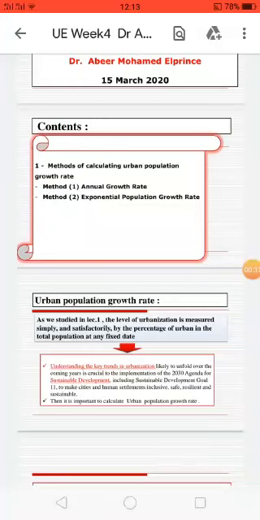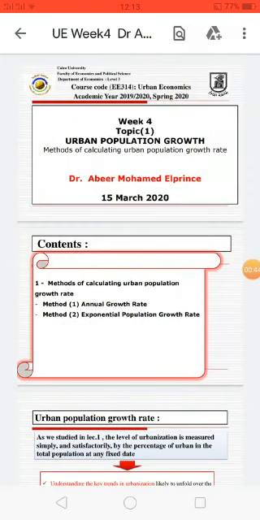Today we will complete our topic 1 of urban economics, which concentrates on urban population growth. We studied 3 lectures. First, we studied how to calculate the urbanization degree.